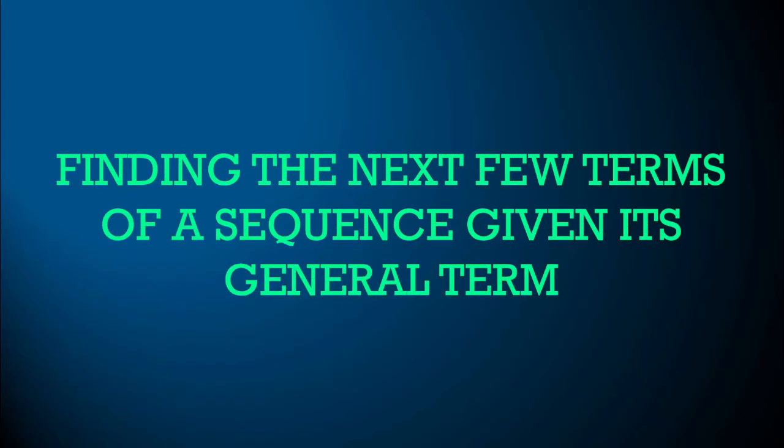Now let's proceed with finding the next few terms of a sequence given its general term. So in the examples that you will see here, you will be given the general term or the nth term, and then you will be asked to find the succeeding terms of the given sequence.